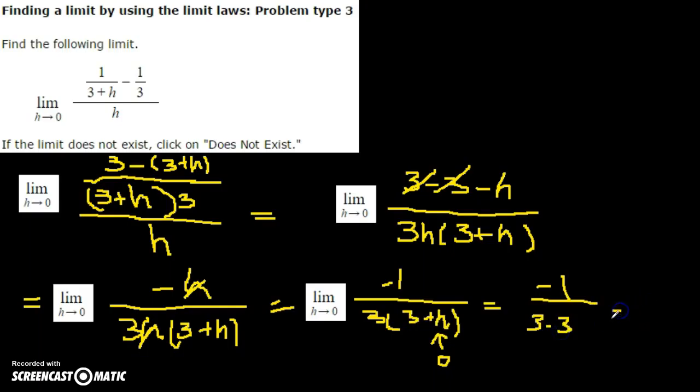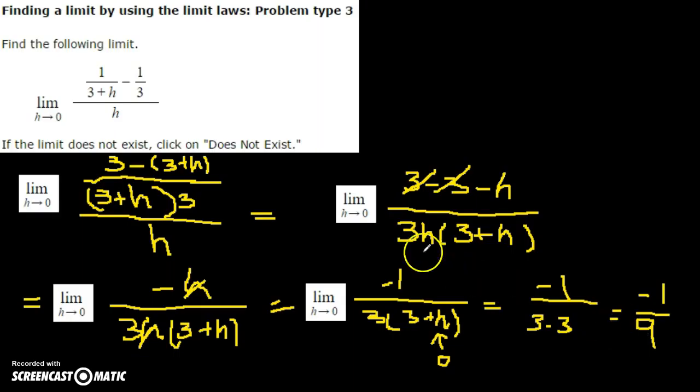So my limit is negative 1 over 9. You can see that the questions in type 3 involve a little bit more algebra. And if you guys are careful, you should be okay.